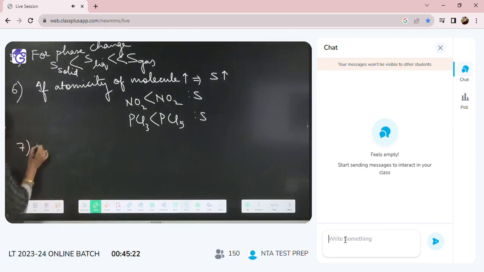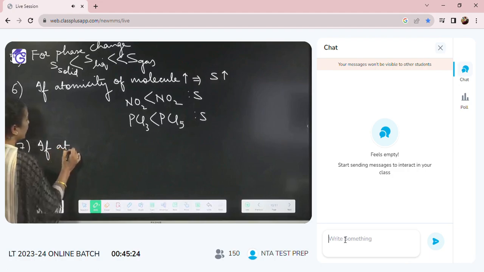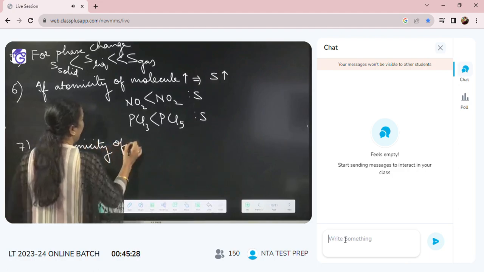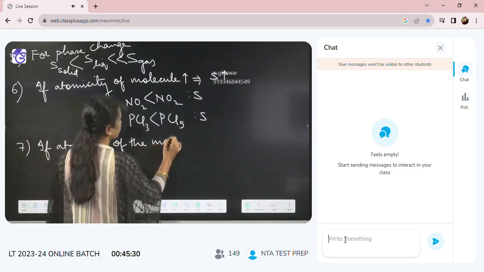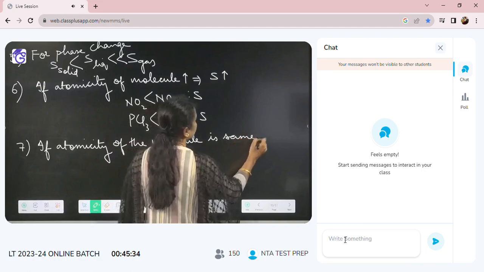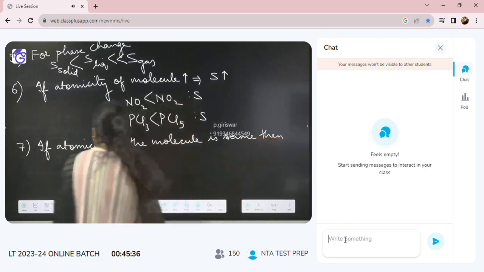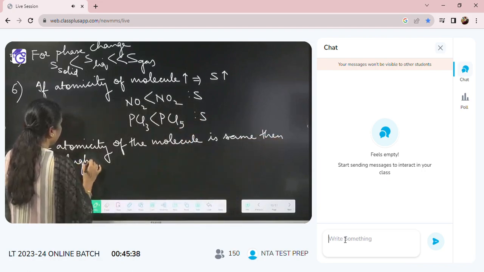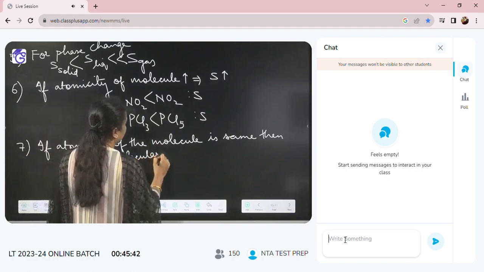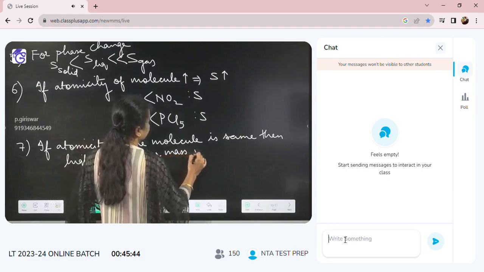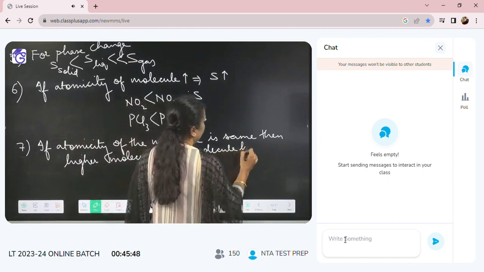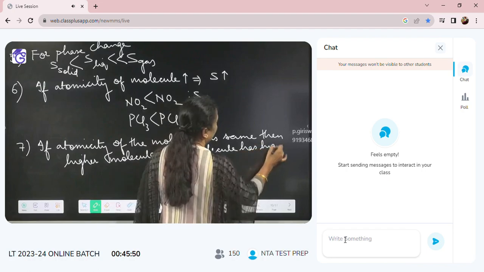Now similarly, if atomicity of the molecule is same, then the molecule with higher molecular mass has high entropy.